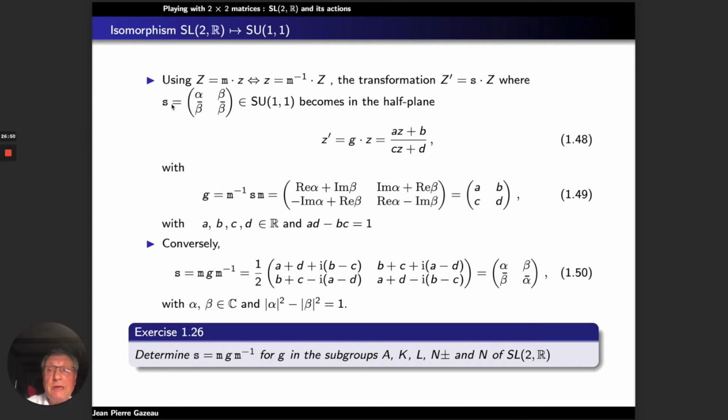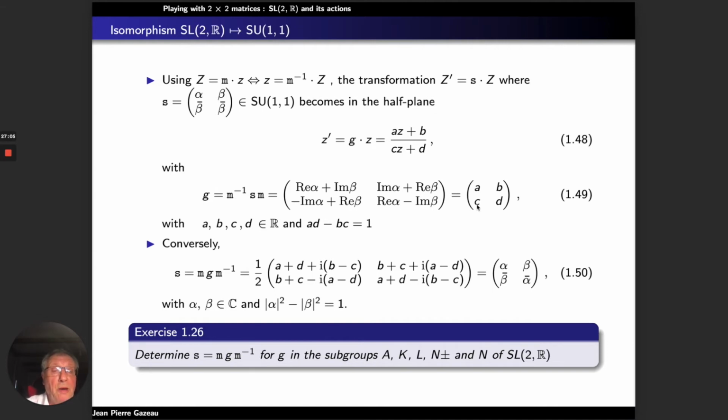You take this matrix S, you take this Möbius transform, its inverse here, and you get an element of SL2R.